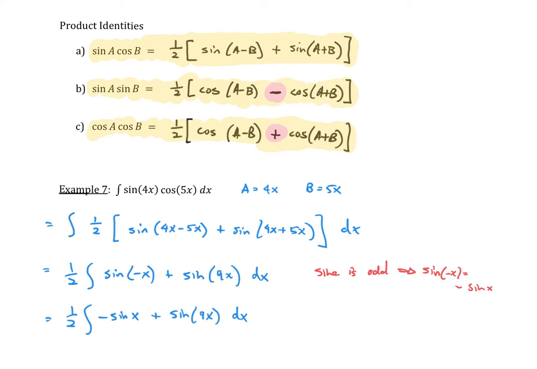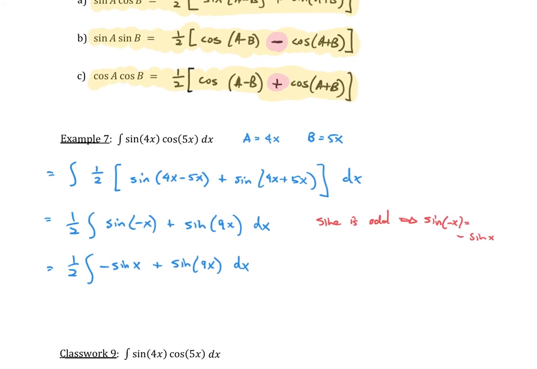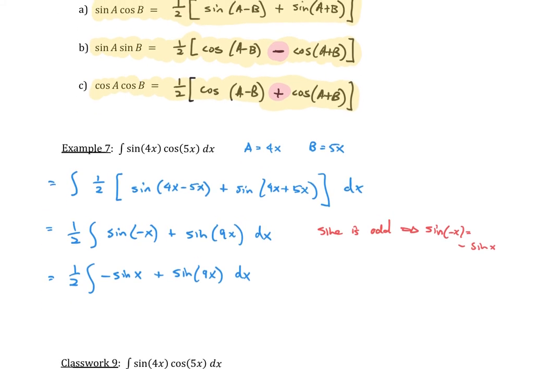What about for the second integral? Well, for the second integral, I'm going to need to use u substitution. We're going to let u equal 9x. This means du/dx is equal to 9, which means dx is equal to 1/9 du.